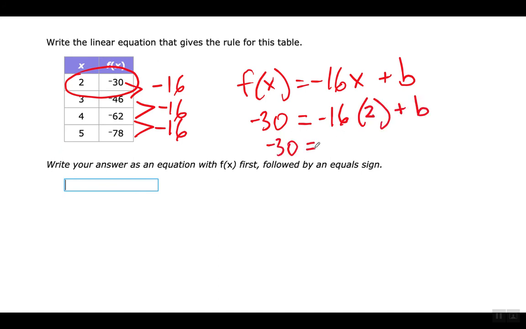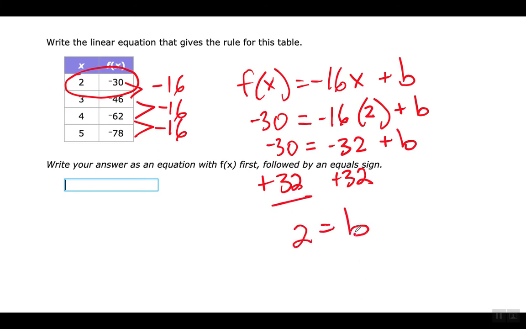Negative 30 equals negative 32 plus b. Now just move negative 32 to the left by adding 32. So b equals 2, and f of x equals negative 16x plus 2.